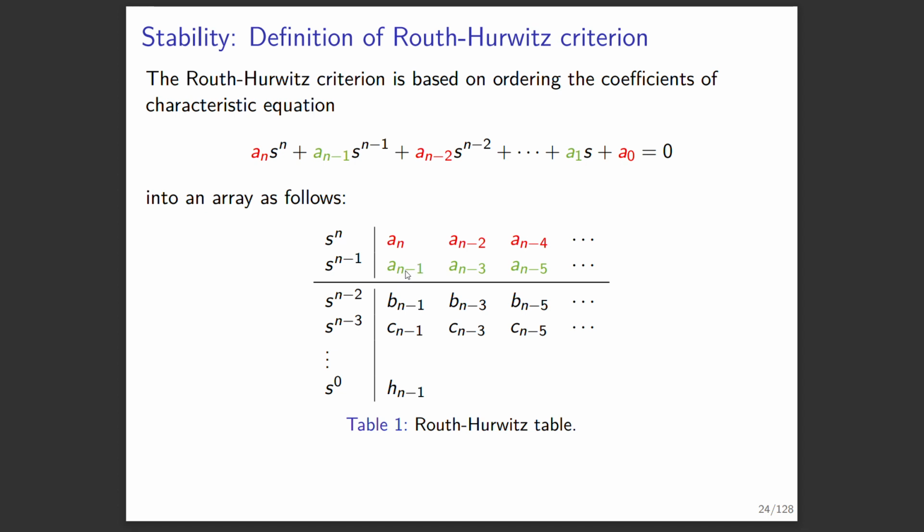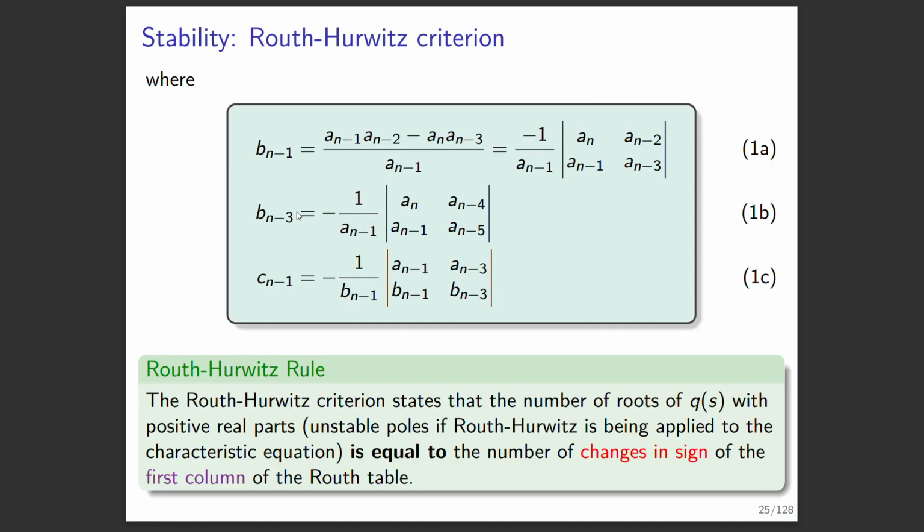So a_n minus 1 times a_n minus 4, and then you subtract from it a_n minus 5 times a_n. So you keep this first column, but rather than using the second column, now you jump to the third. So now the relationship is between these two columns, and that is how you find b_n minus 3. I'm talking about this formula.